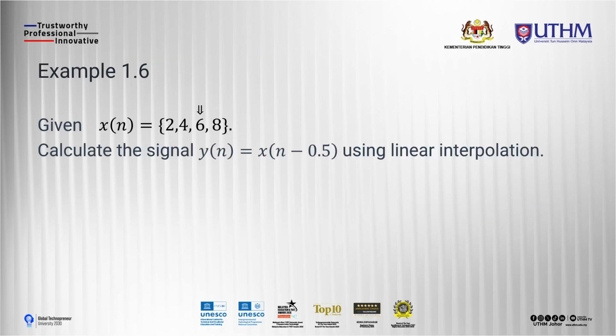Again, look at this example. Given x[n] equal to 2, 4, 6, 8, where the origin is at the value of 6. Calculate the signal y[n] equal to x[n - 0.5] using linear interpolation.